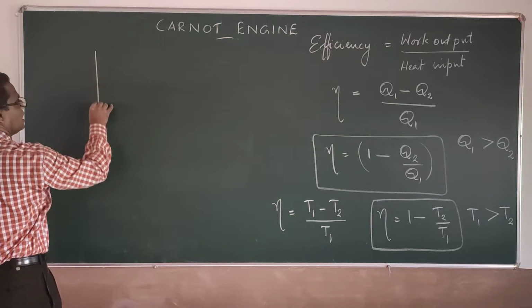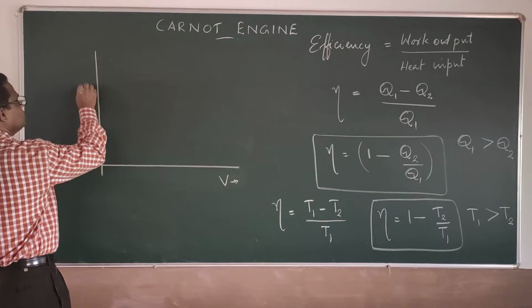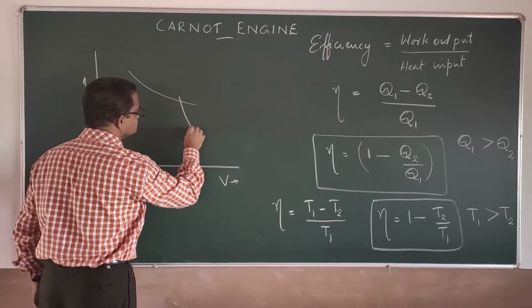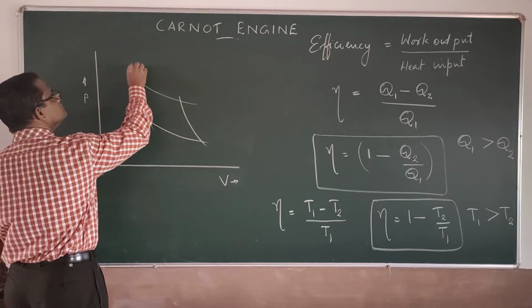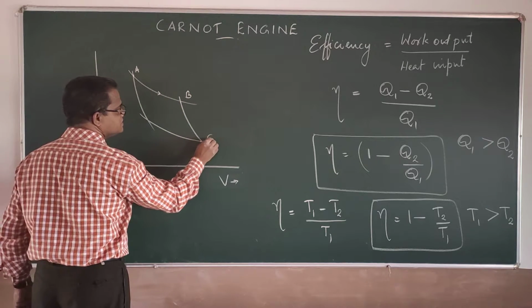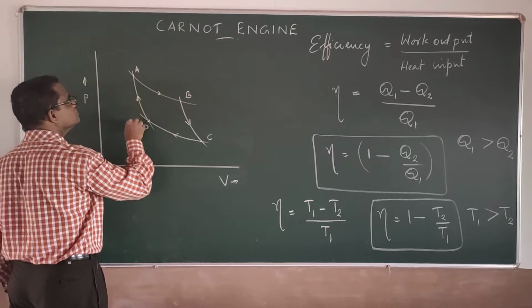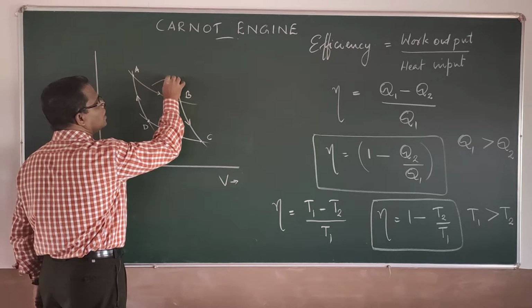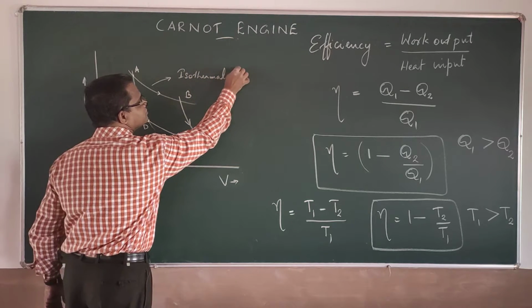The four stages are shown on the volume-pressure diagram of the Carnot cycle: A, B, C, D, A. A to B is called isothermal expansion.